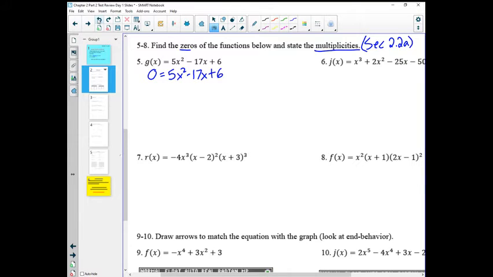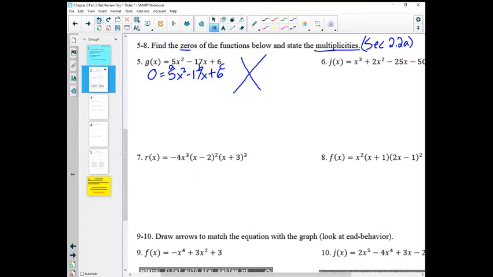Then we're going to look at the right side and see if we can factor it. This right side is a trinomial. There's no GCF, because this is A, B, and C, and none of those are divisible by any common factor except for 1. So now we're going to factor it. There are 3 terms, so I'm going to use that X method we learned in class.